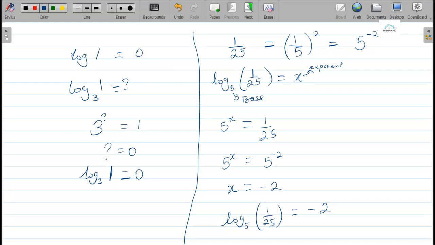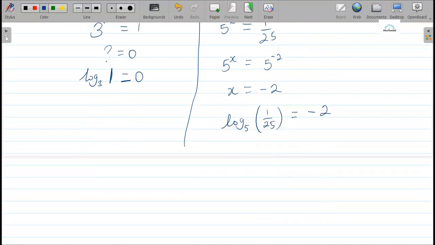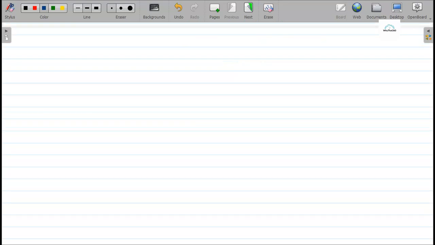Let me give another example: the log of 1 over 81 to the base 3.